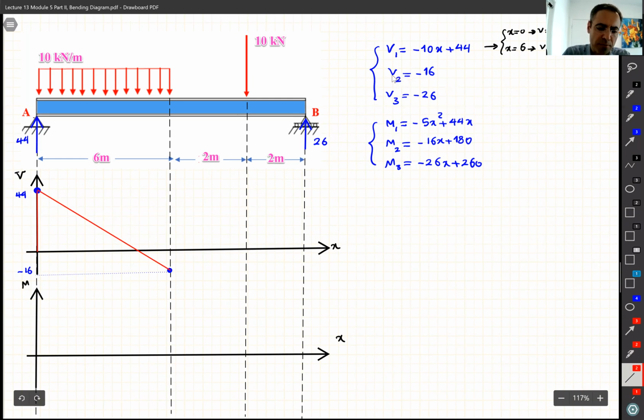So the second one, V2, region 2, is just a constant number. It is minus 16, which again confirms that we haven't done anything wrong, because there is nothing going on and we stay there at minus 16. And then V3 is minus 26, right?